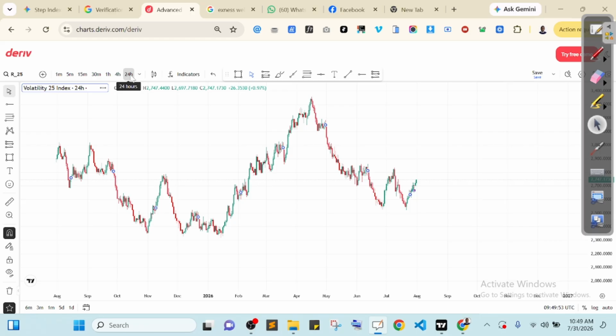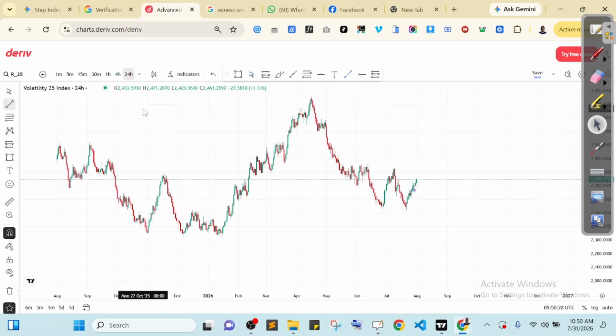Anytime you want to trade, you start analyzing your trade on daily time frame, right? So you can go from daily time frame to 1 hour and 15 minutes or 5 minutes. That is your entry time frame. Looking at this market presently, let's use trend line to determine the trend of the market or what we are looking for.